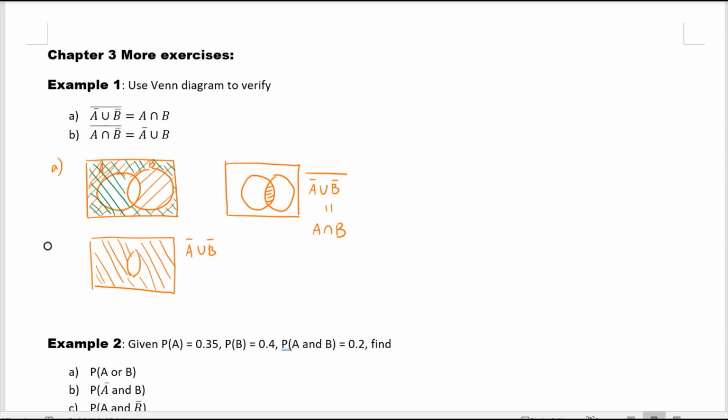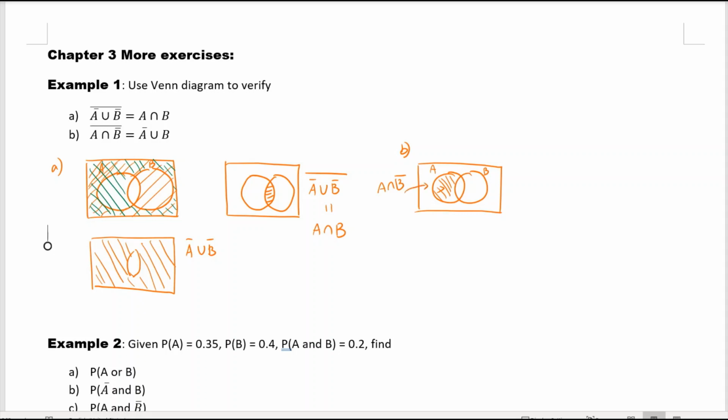Okay, part B. First of all, we want A intersect B complement. A intersect B complement means it's in A but not in B, which is right here. So let's say this is A and B, and this is A and not in B, right?